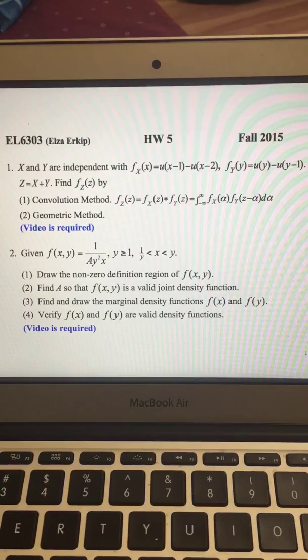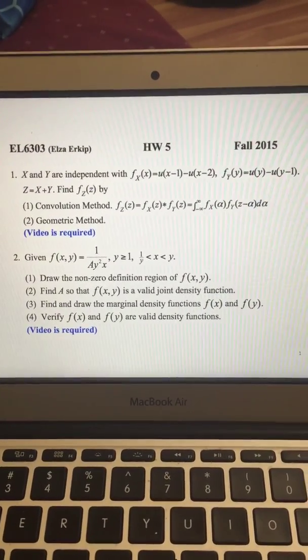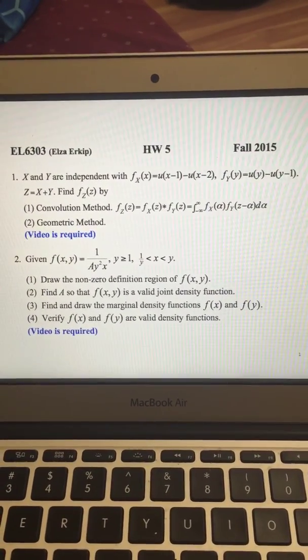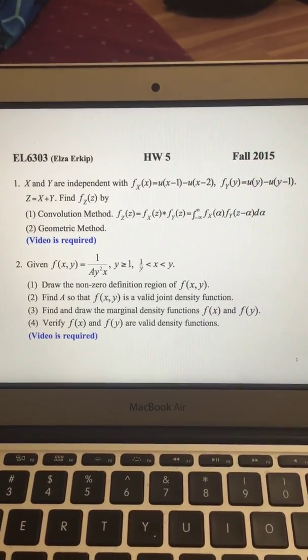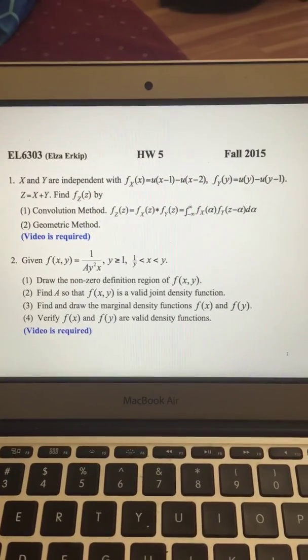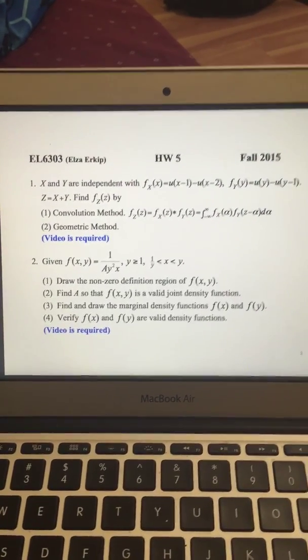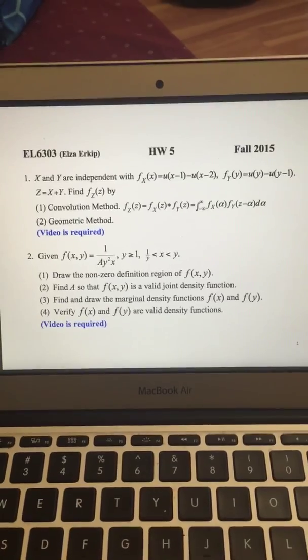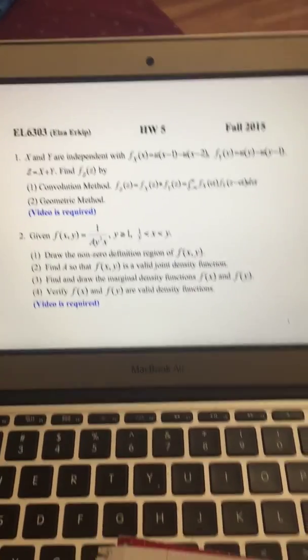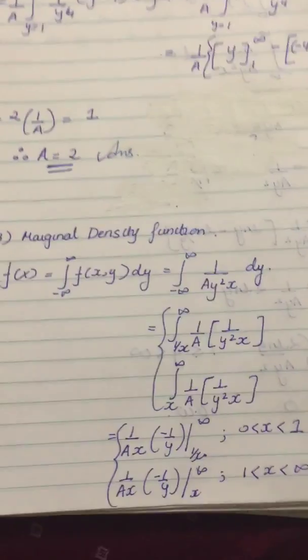The third part says find and draw the marginal density functions of f of x and f of y. This is really simple, because all you have to do is take out the y component and the x component respectively, for f of x and f of y. So how exactly do you take out the component?